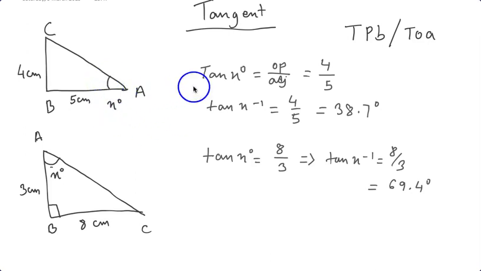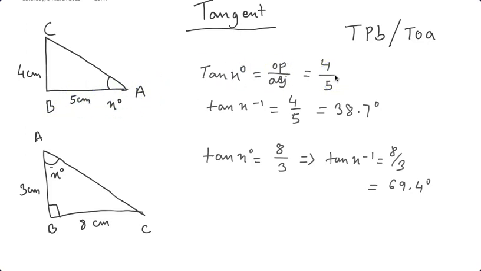In the first case, tan theta means turning point to be black, or opposite by adjacent. In the first figure, when we consider angle A, the opposite or perpendicular is BC, that is 4, and the adjacent or base is AB, that is 5.